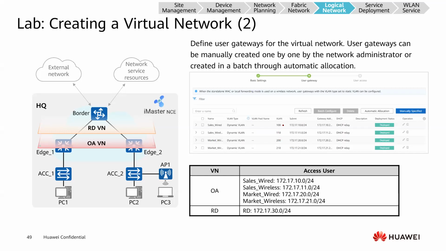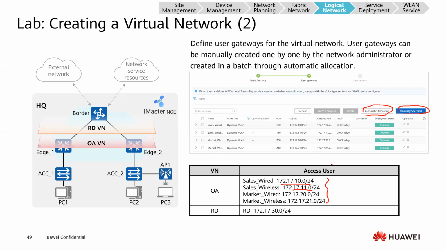And then you need to allocate the user's gateway, and there are two modes for you to select. One is automatic allocation, another is manually specified. The difference is that different users have specific network segments you have planned in advance.